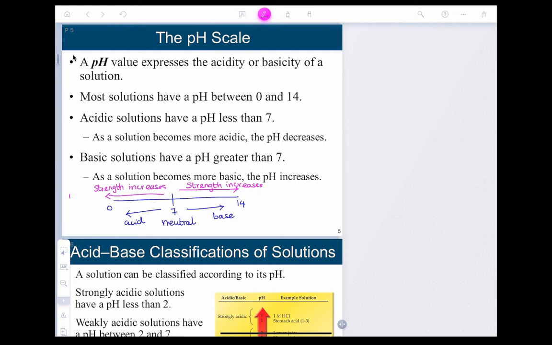So if I take pH 2 and pH 5 and ask you which one is the stronger acid, it'll be pH 2. If you take pH 10 and pH 13 and I ask you which is a stronger base, or which is more basic, that is 13.